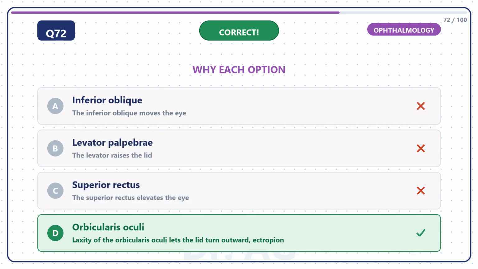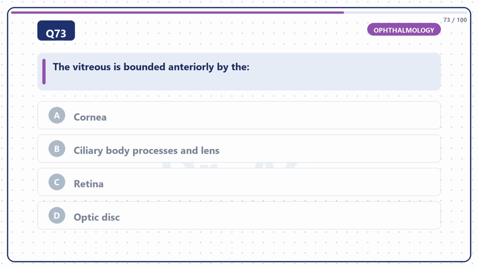And the correct answer is orbicularis oculi. Laxity of the orbicularis oculi lets the lid turn outward. So, the right answer is option D. Orbicularis oculi.